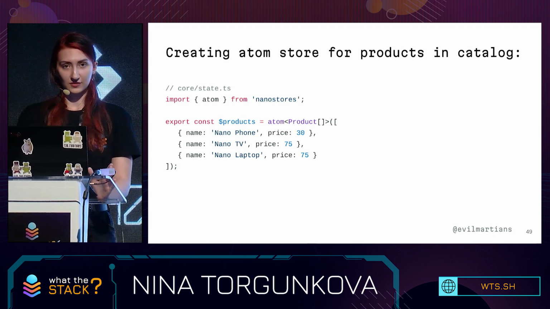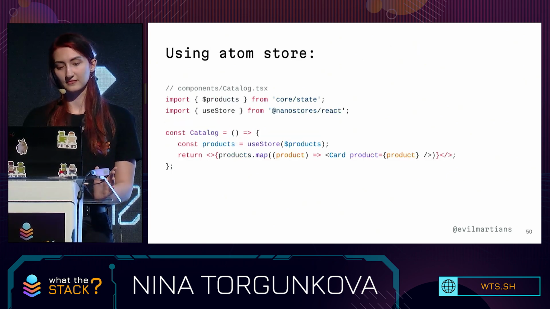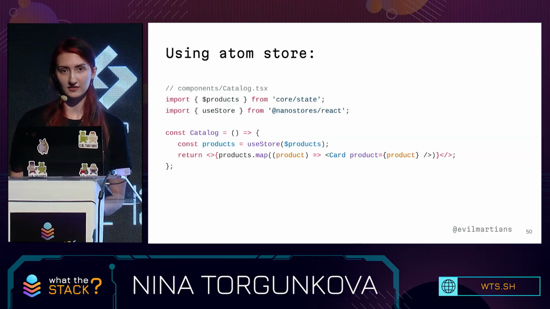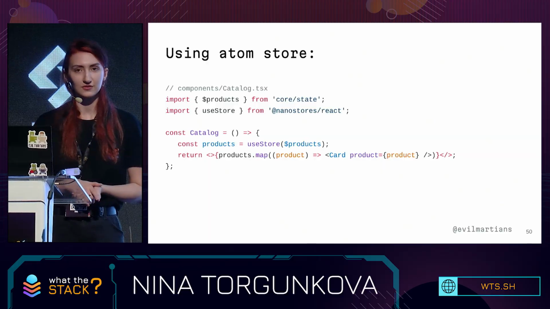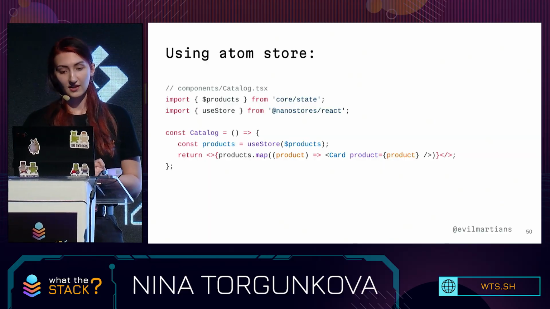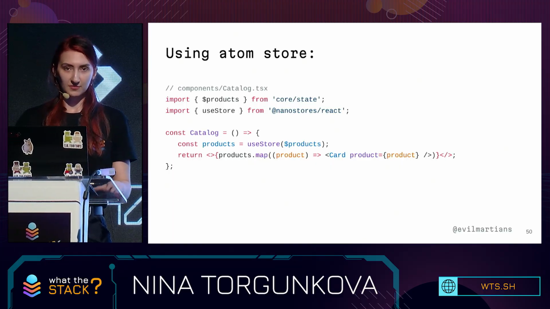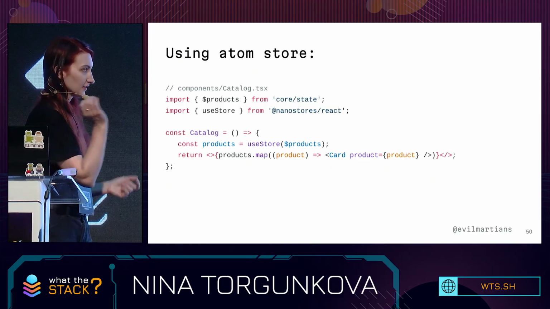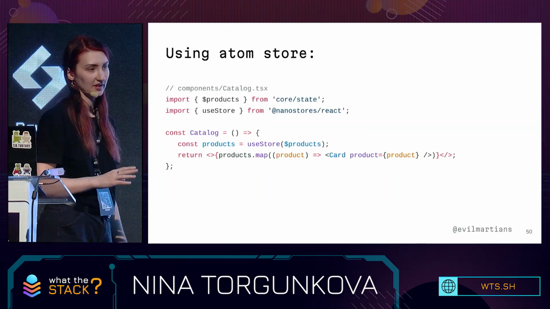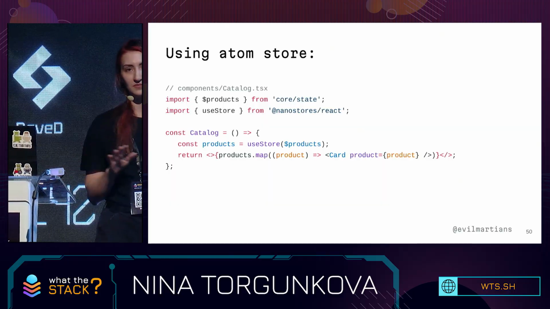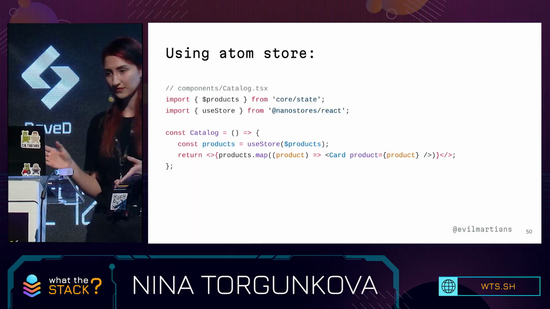Then we make this store exportable, and we use it inside our new catalog.tsx component file. In this component, we subscribe to store changes. In this demo, I use React, but the framework doesn't play any significant role here.